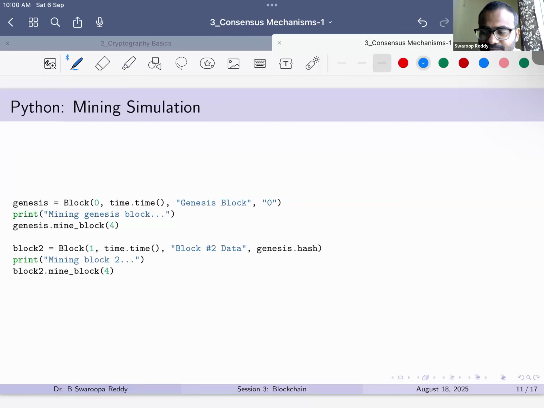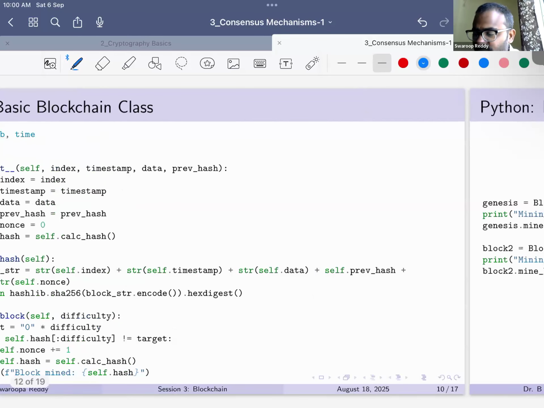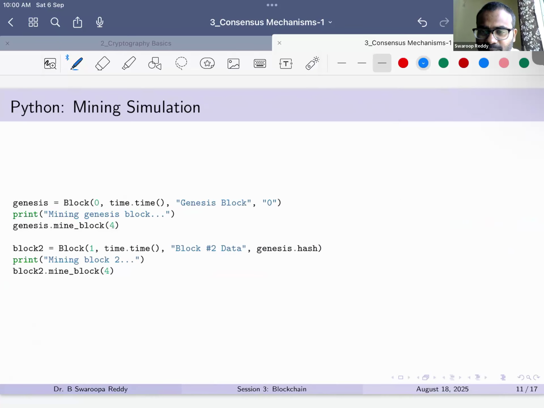Genesis block consists of index 0 and the timestamp; time.time will give the current time. For data, in the real blockchain you will have the data, but here we are just keeping the data as some string called Genesis block or block 2, something like that.